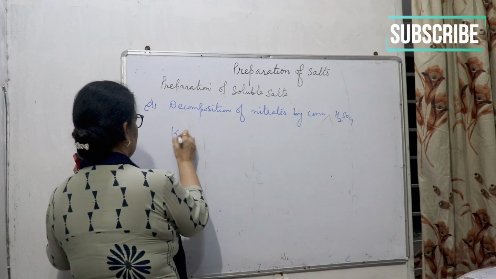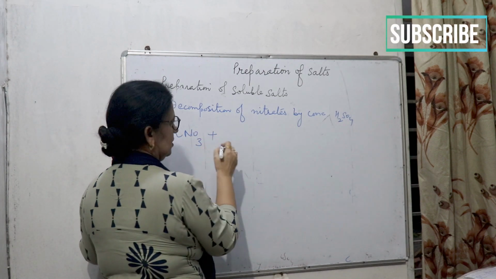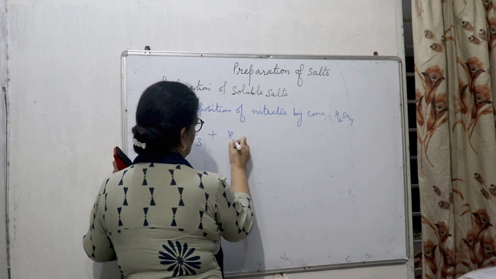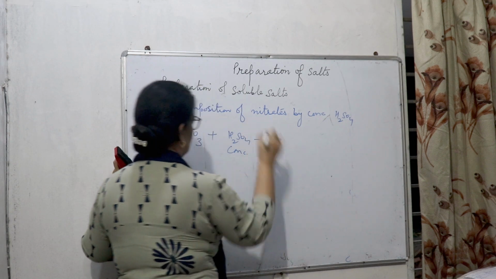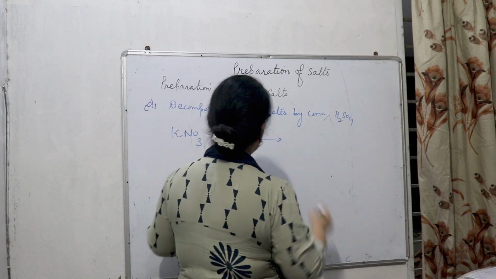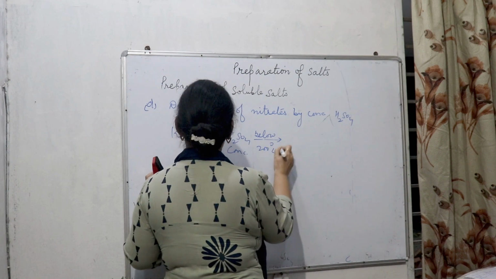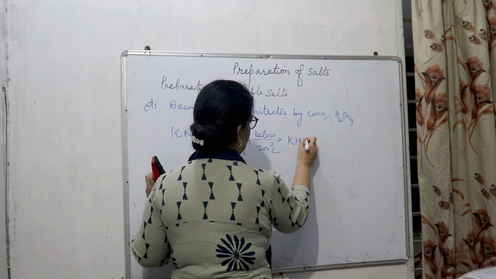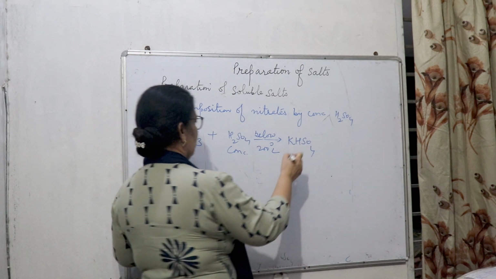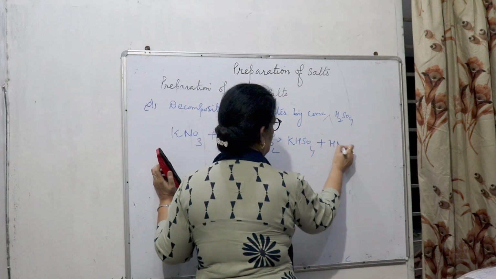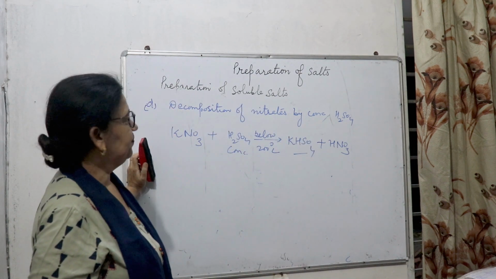Here we will take potassium nitrate, niter, plus concentrated H2SO4 at a temperature below 200 degrees Celsius, and the salt formed is KHSO4, potassium bisulfate, plus HNO3. So this is also a soluble salt.